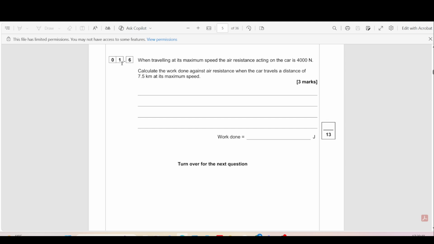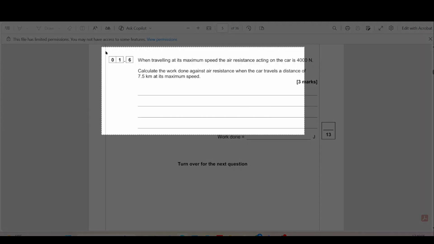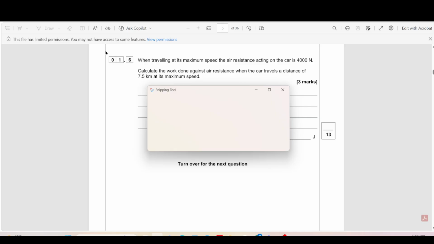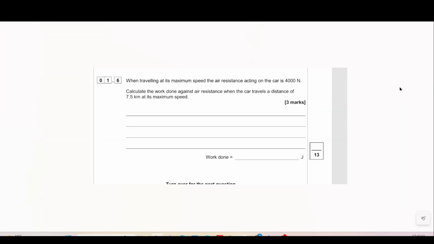Next. When traveling at maximum speed, the air resistance acting on the car is 4,000 newtons. Calculate the work done against the air resistance when the car travels a distance of 7.5 kilometers at its maximum speed. So the force is 4,000.